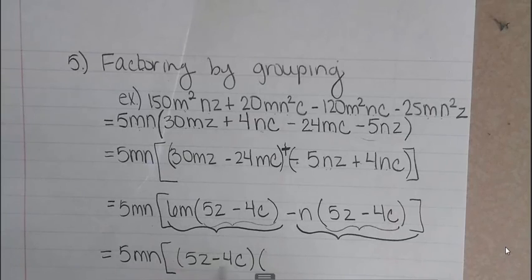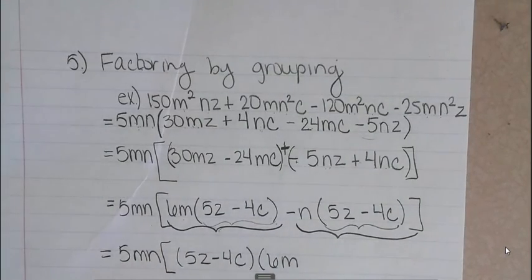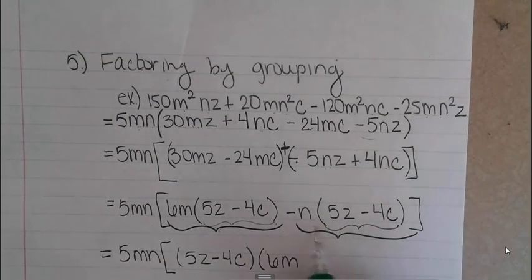So 5z minus 4c times what will give me this first term? Well, it's going to have to be 6m, right? And 5z minus 4c times what will give me the second term? It's got to be that negative n.